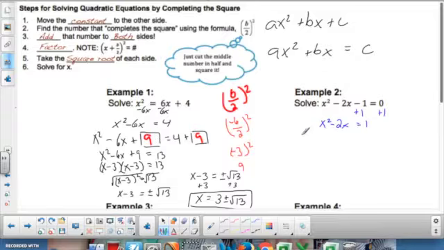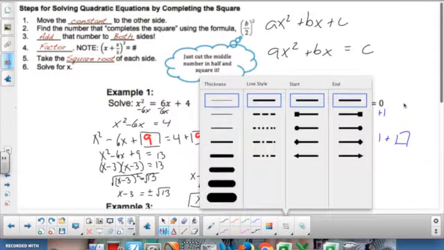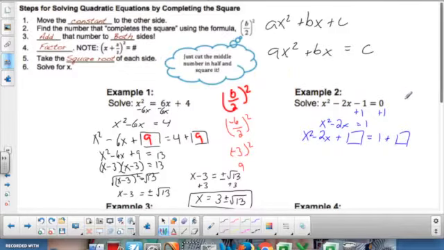Now I need to find the number that completes that square, which means I need to find what number I'm going to add to both sides in order to make this a perfect square trinomial. And here's where I switch over to do my scratch work. And remember, it is going to be that middle number, that negative 2, cut in half and squared.